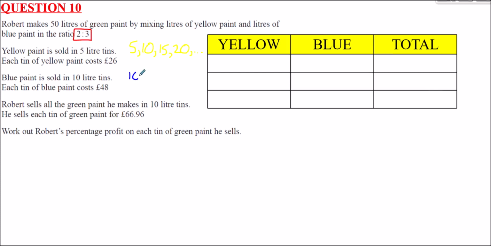So that'll be 10, 20, 30, and so on, in multiples of 10. So if you notice here, if he had 20 litres of yellow and 30 litres of blue, that would be 20:30, which would simplify down to 2:3 as required.